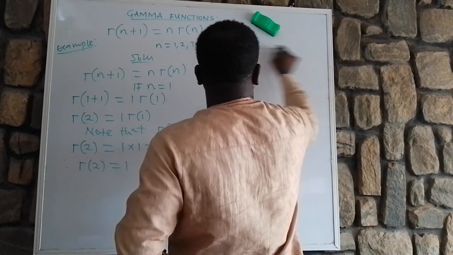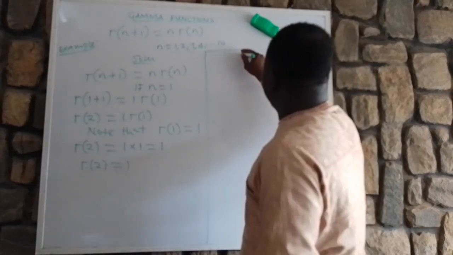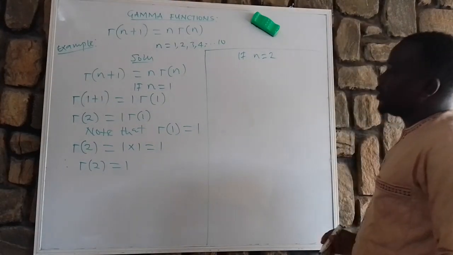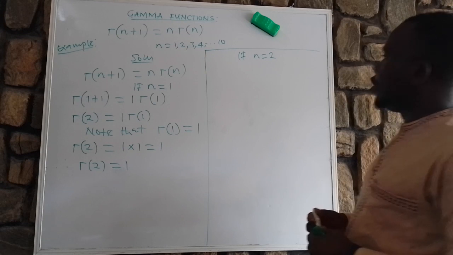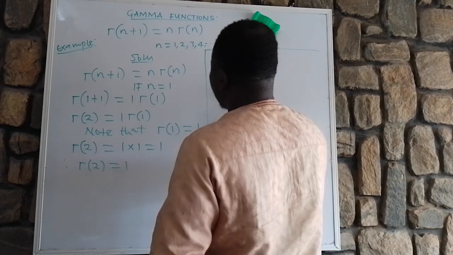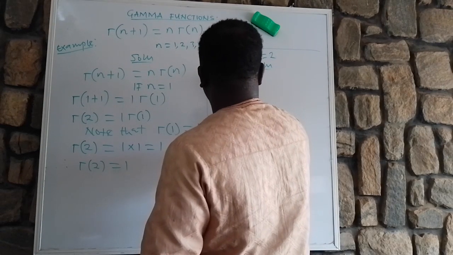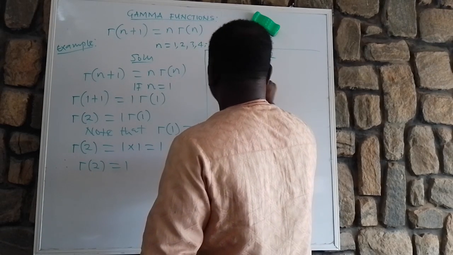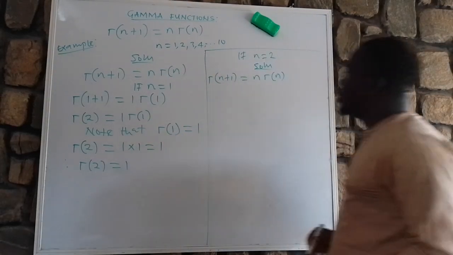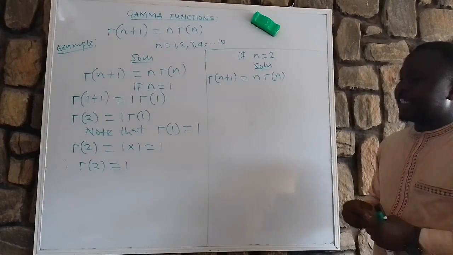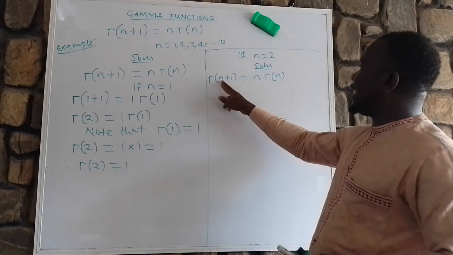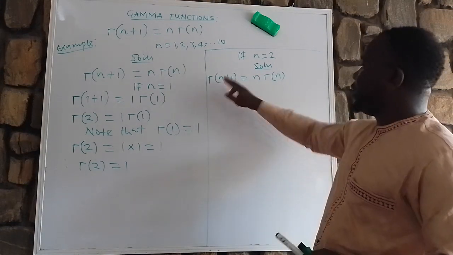Assuming our n is equals to 2. So if our n is equals to 2, we recall the formula again. We write solution. Our gamma of n plus 1 is equals to n gamma of n. So now it says that our n is equals to 2. So anywhere you see n, you substitute in 2.